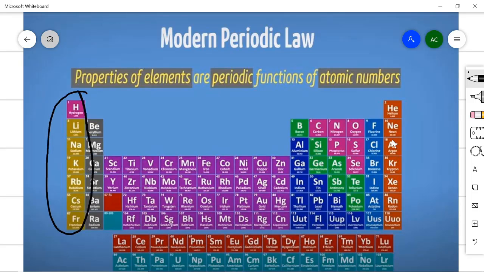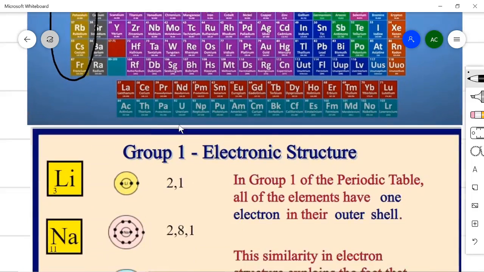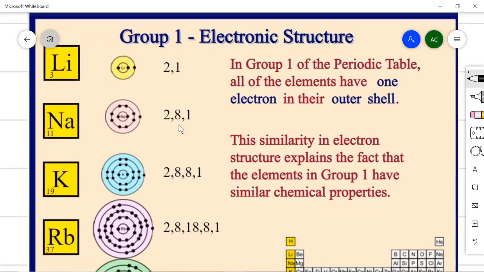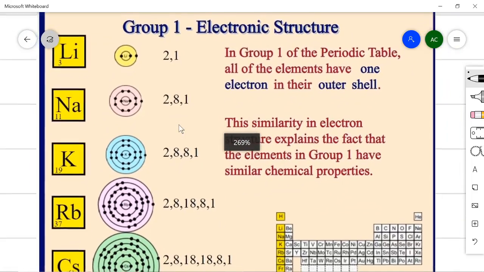We will see how the number of valence electrons of the elements is equal in this group, which shows a regular repetition and shows periodicity. So, here is our group 1.